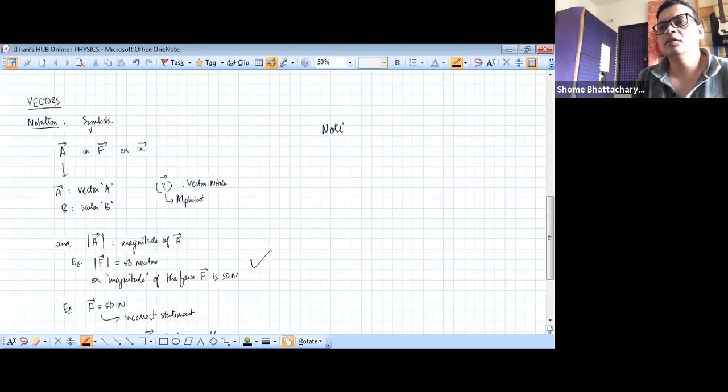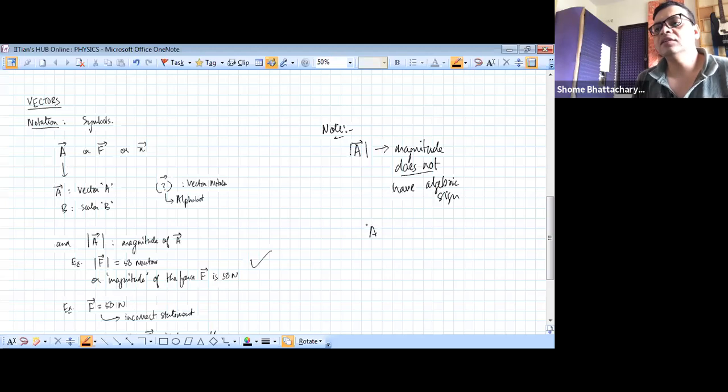So the magnitude of a vector does not have an algebraic sign. It's neither positive nor negative. It is just an amount. So a given vector does not have any sign.